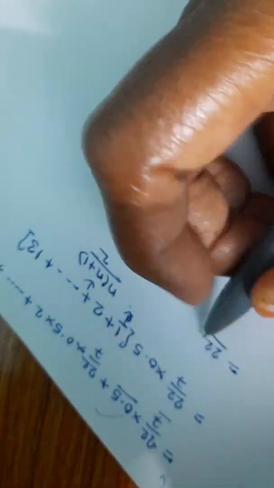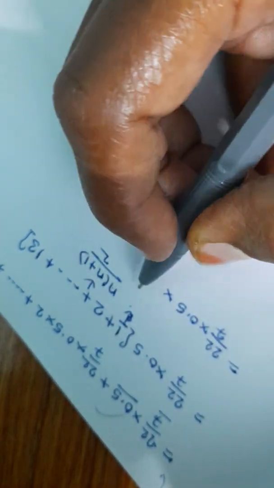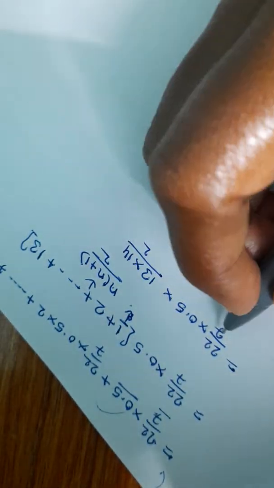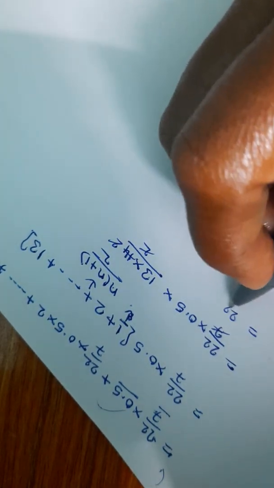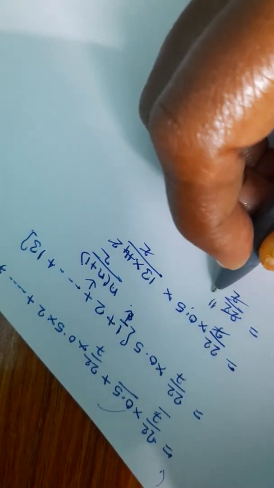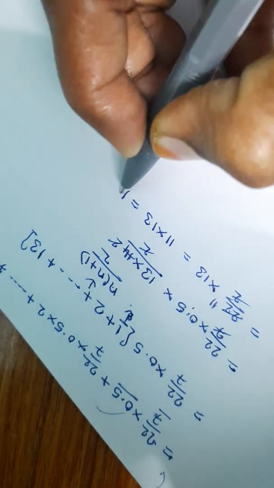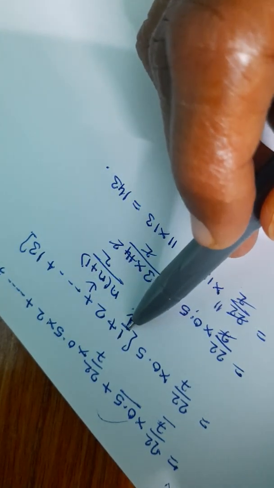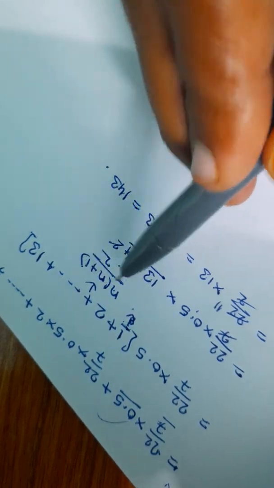Now 22 by 7 into 0.5 into 13 into 14 by 2. The 7 twos are 14, the 2s cancel, and 0.5 is half, so we get 11 into 13, which is 143. This is the simplest way, if you remember the formula for the sum of natural numbers.